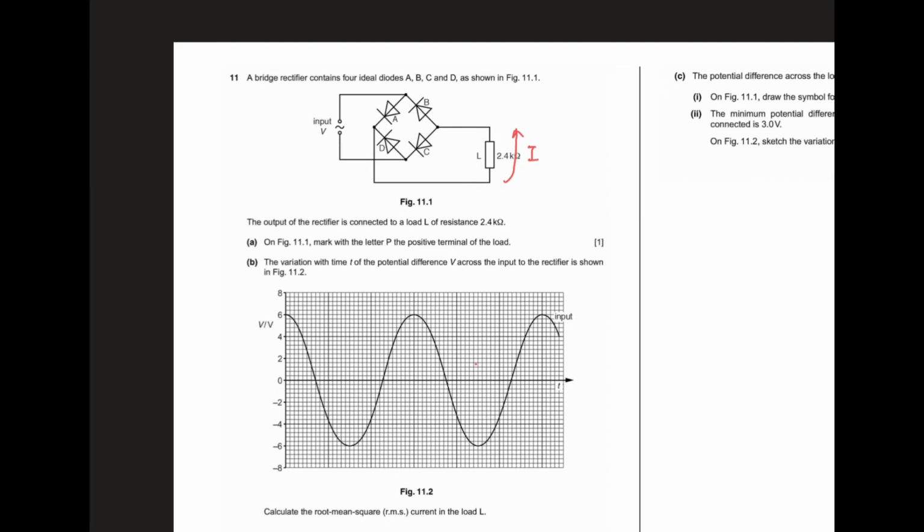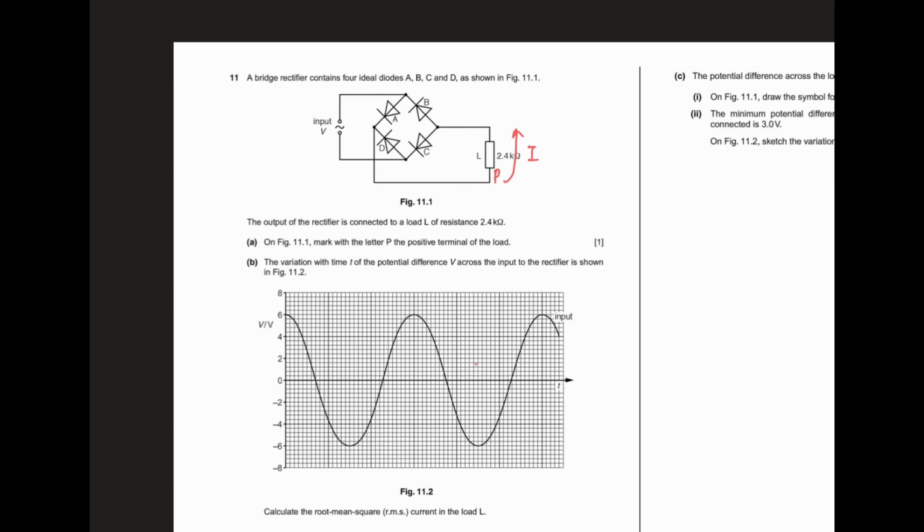Page 11. Okay, it's here. The positive is there. Okay, now settle A. Let's look at B.